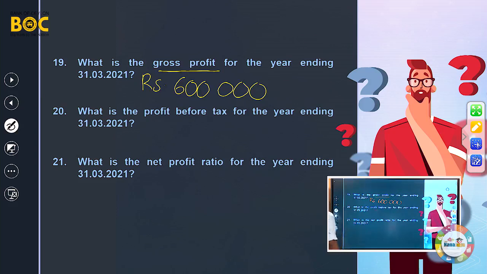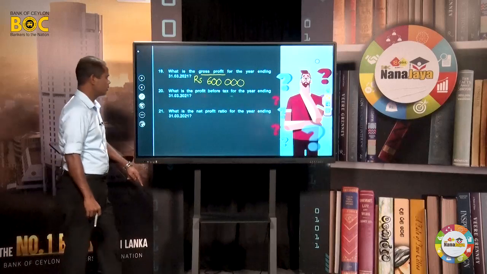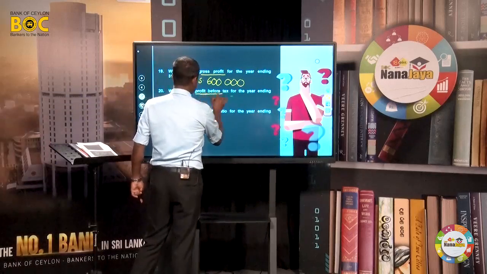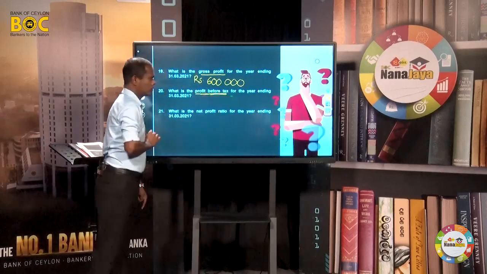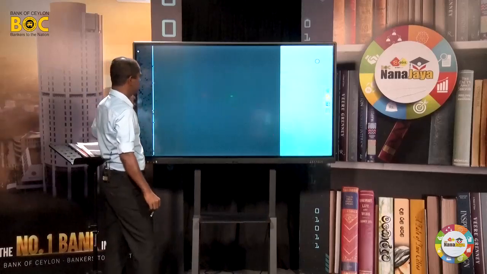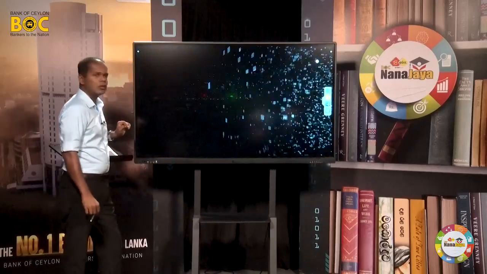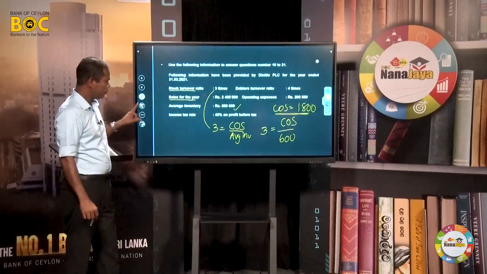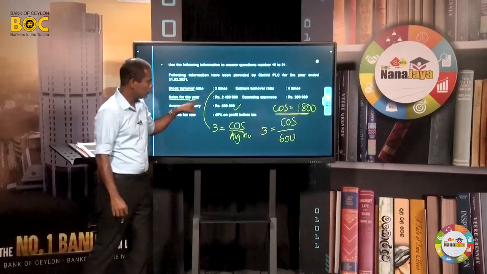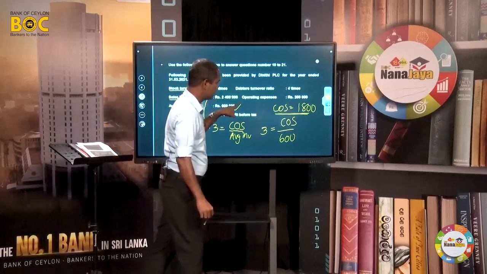So question number 20. In the 19th question we calculated gross profit of 600,000. The 20th question asks for profit before tax. In the information, sales were given and we calculated gross profit.